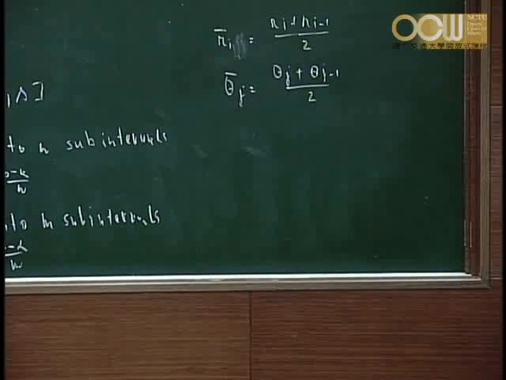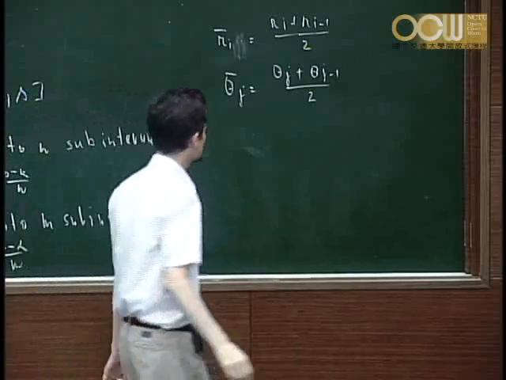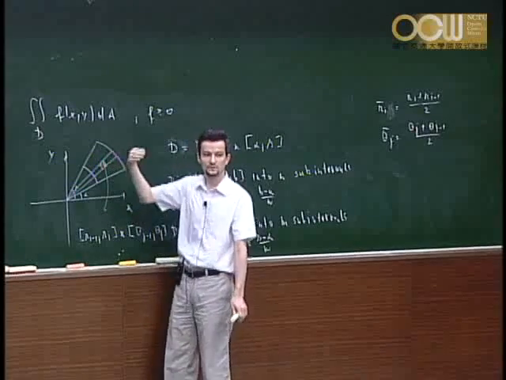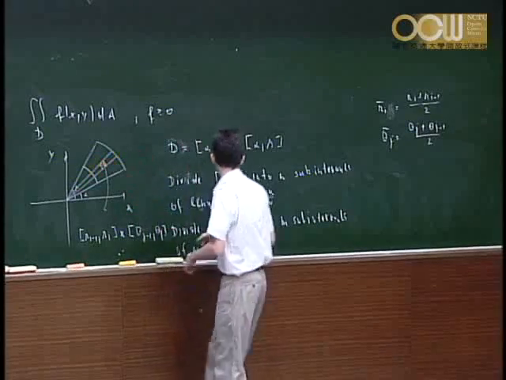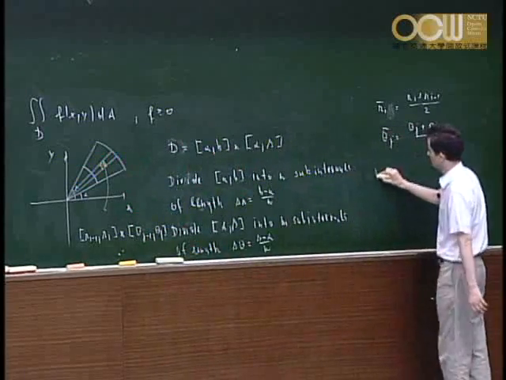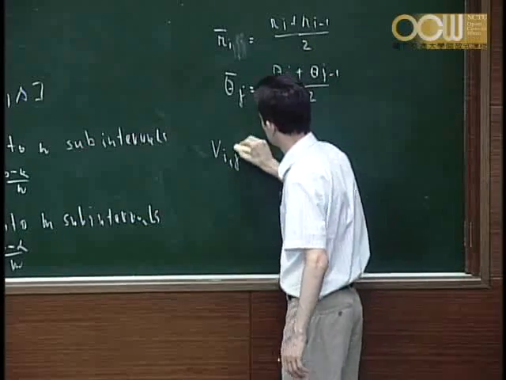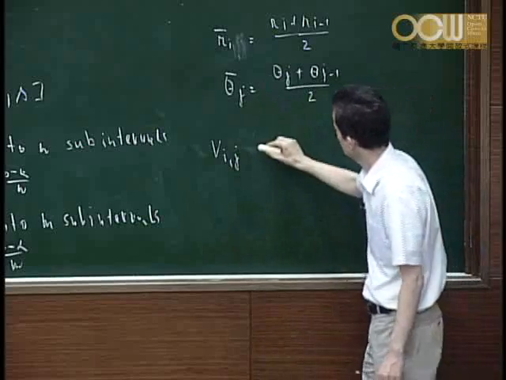In other words, we choose a sample point inside. The volume of the solid which lies above this piece, the ij-th volume with two indices, we can approximate.